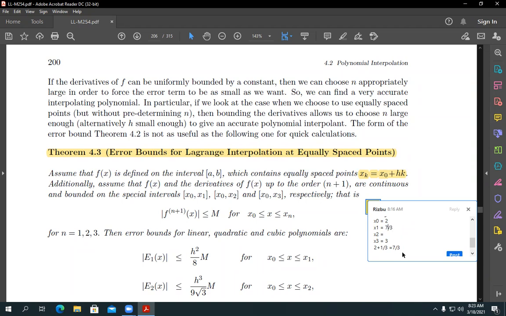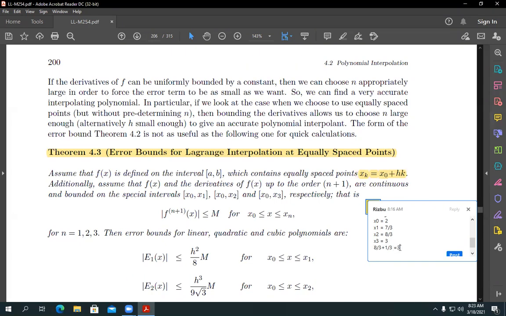Then what is x2? 7 by 3 plus 1 by 3 is 8 by 3. And if you continue like this, 8 by 3 plus 1 by 3 equals 3, which is the final point we already have.